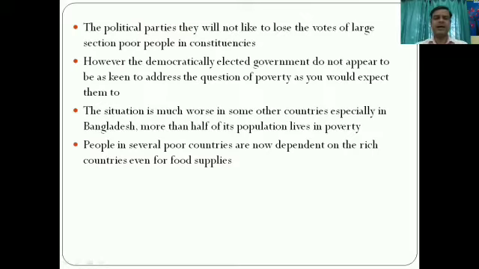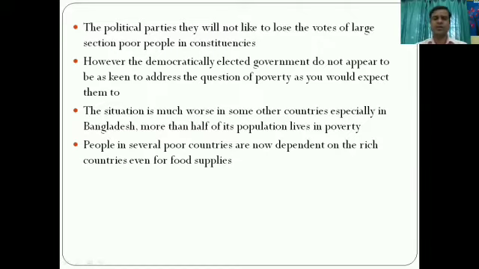The political parties will not like to lose the votes of the large section of poor people in constituencies. However, democratically elected governments do not appear to be as keen to address the question of poverty as you would expect them to.